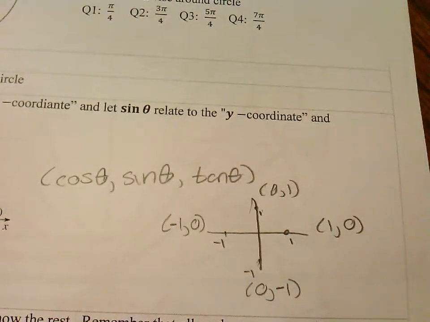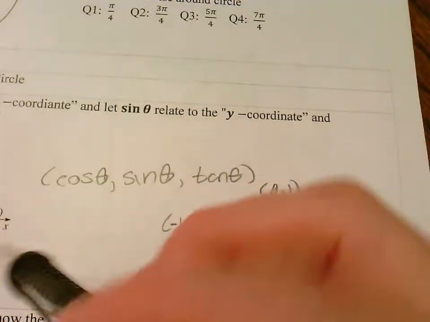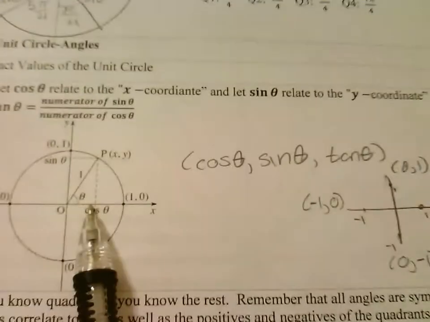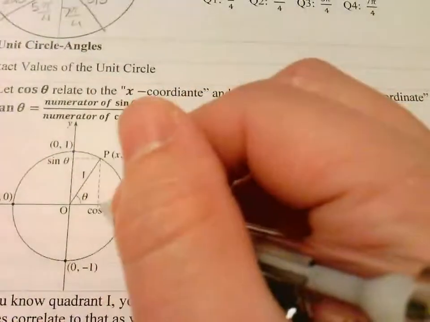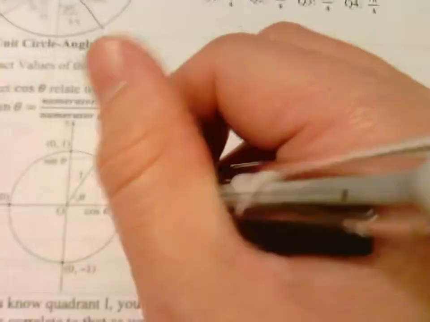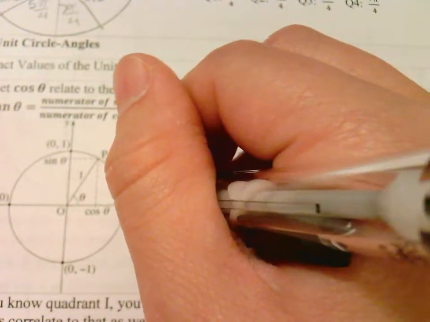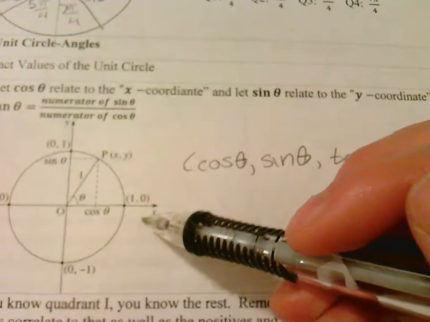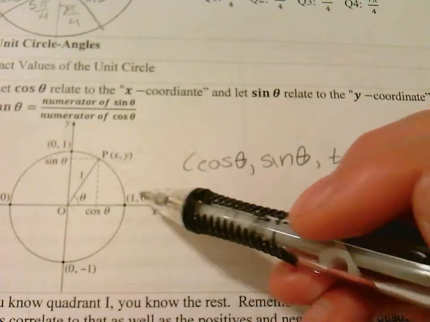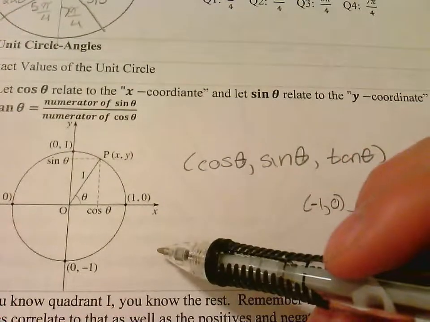So if I were to ask you what cosine of 0 degrees is, this is the 0 line, so cosine of 0 would be 1. Sine of 0 would be 0.